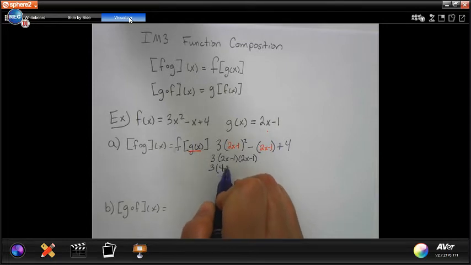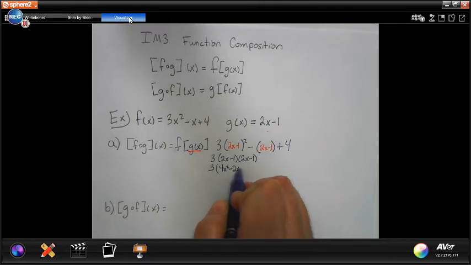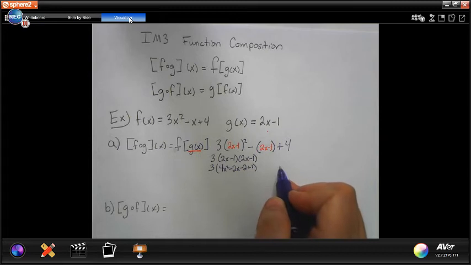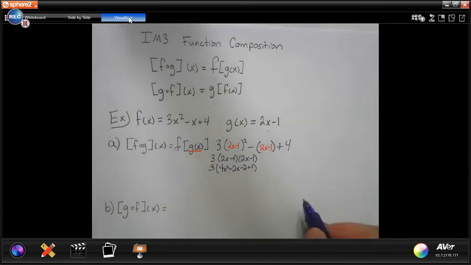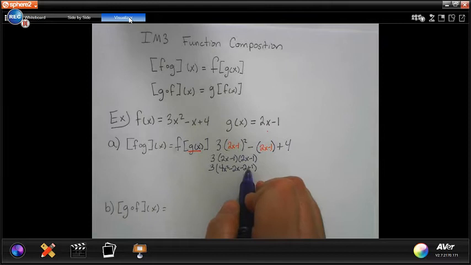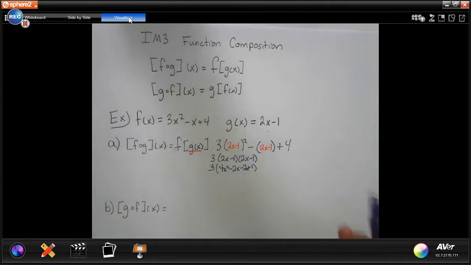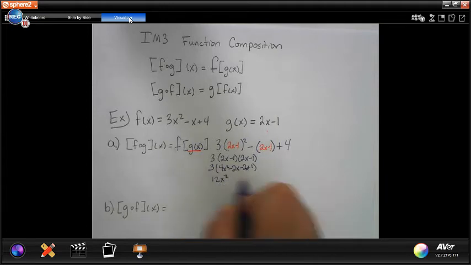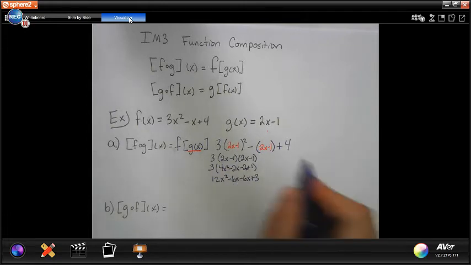So I got 4x squared minus 2x minus 2x plus 1. And I could multiply that all by 3, and I get 12x squared minus 6x plus 3.